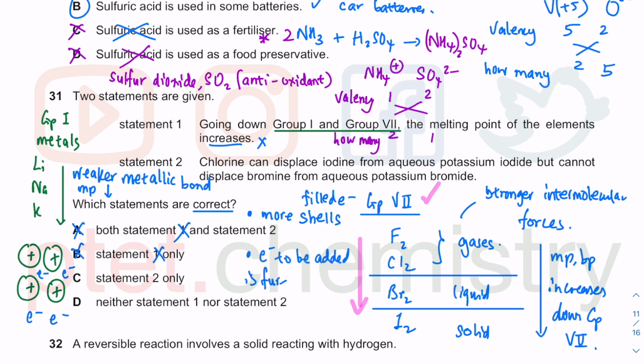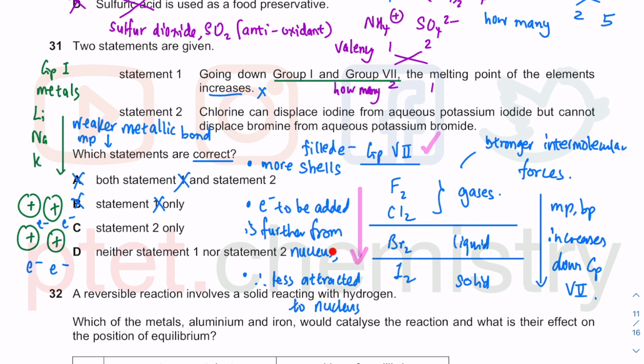If that electron is further away from the nucleus, it is going to be less attracted to the nucleus. If you are less attracted to the nucleus, you're going to become less favored to gain electrons. If you become less favored to gain electrons, you become less likely to be reduced themselves. They are oxidizing agents, but they become weaker and weaker oxidizing agents.